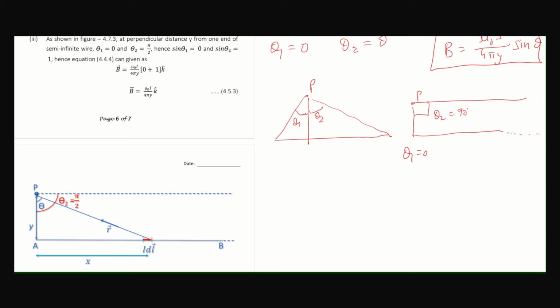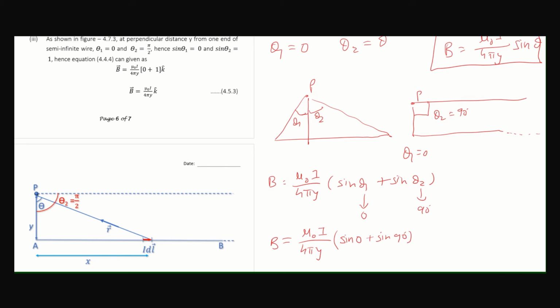And then what is the formula? So now if I look at the formula, mu 0 I by 4 pi y into sine theta 1 plus sine theta 2. What is theta 1? 0. What is theta 2? 90. What is sine 0? It is 0. And what is sine 90? It is 1. And then B becomes mu 0 I by 4 pi y into sine 0 plus sine 90.